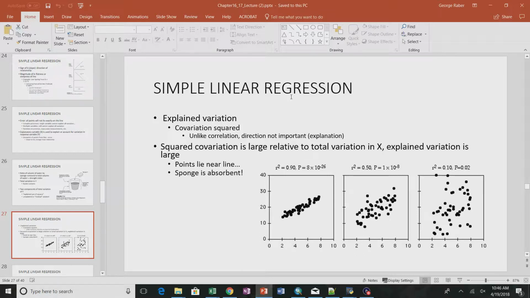So it's going to be on a scale from 0 to 1. Here is an example of an R squared value of 0.9, an R squared value of 0.5, an R squared value of 0.10, and there's less predictive power in each.